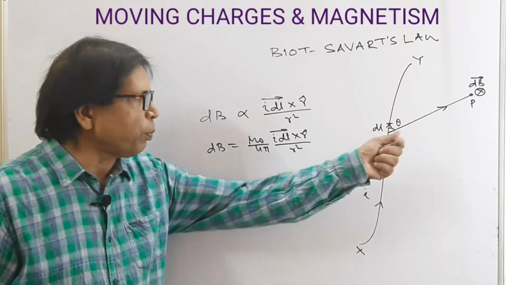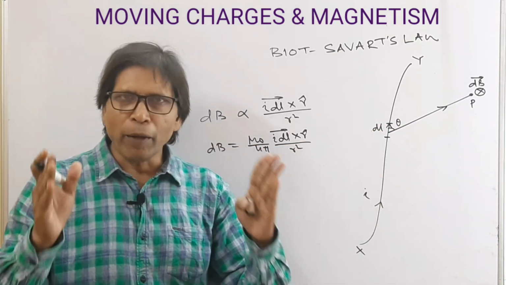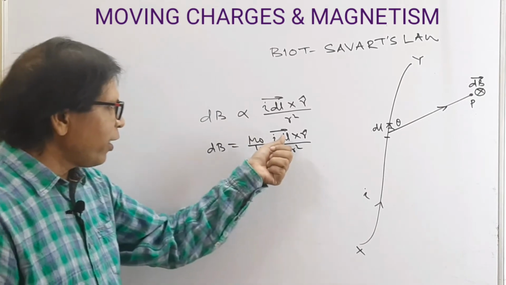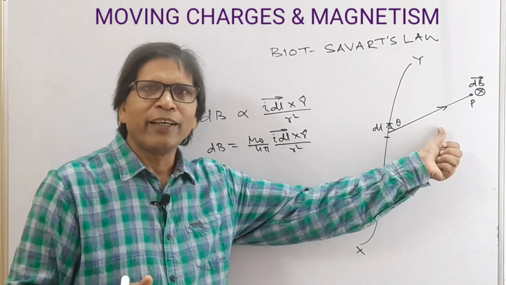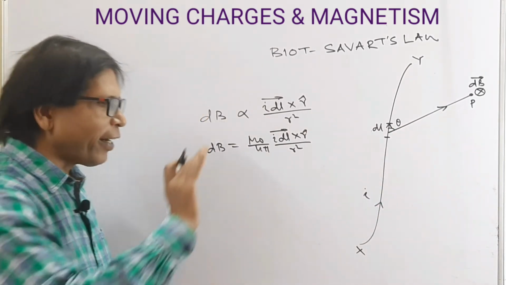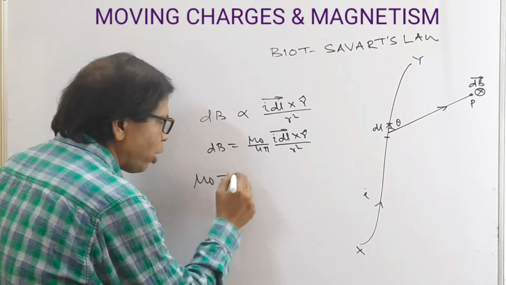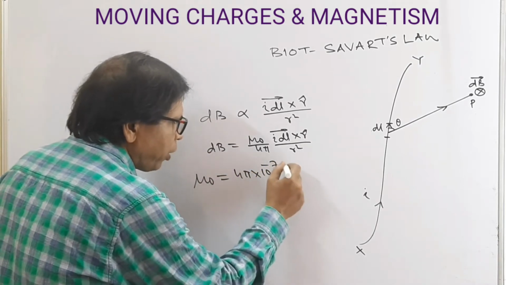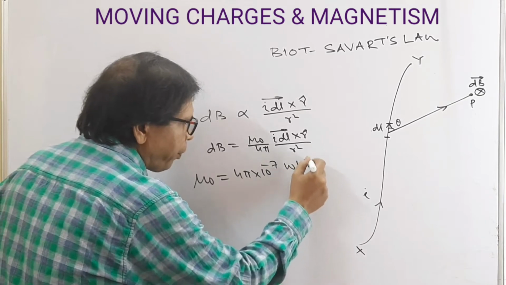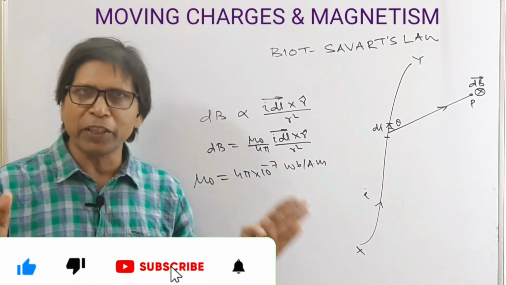So the magnetic field at the point P is perpendicular to the plane containing I dl vector and r vector, here directed inwardly, and here mu naught equals 4 pi into 10 to the power minus 7 weber per ampere meter, the permeability of free space.